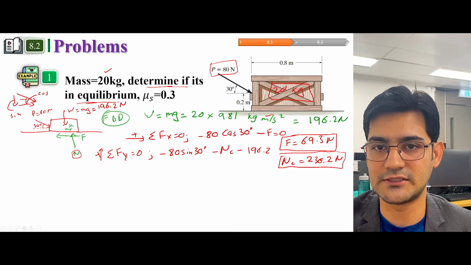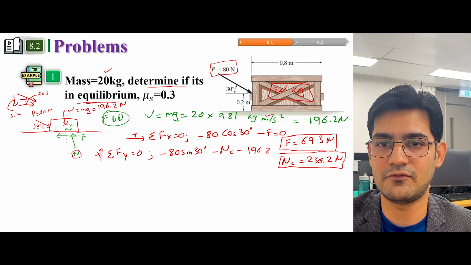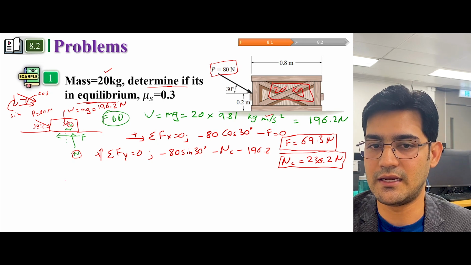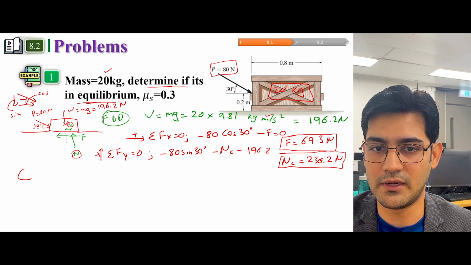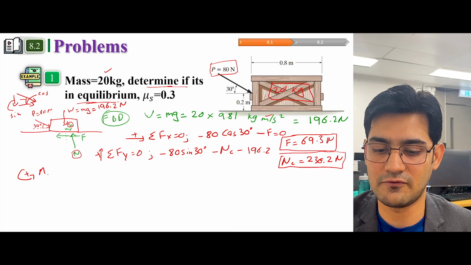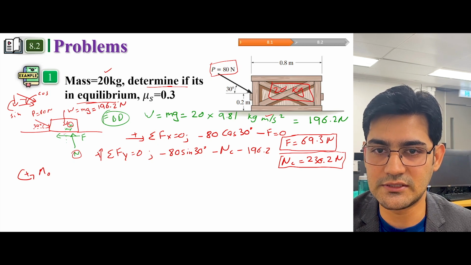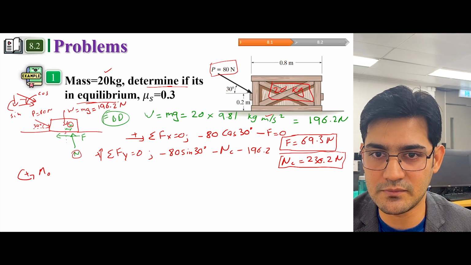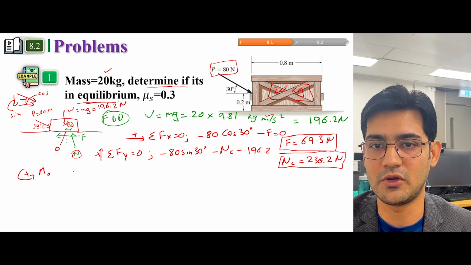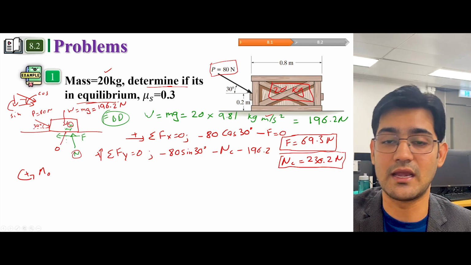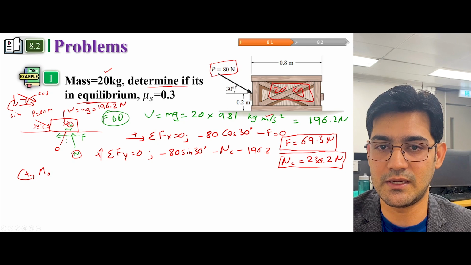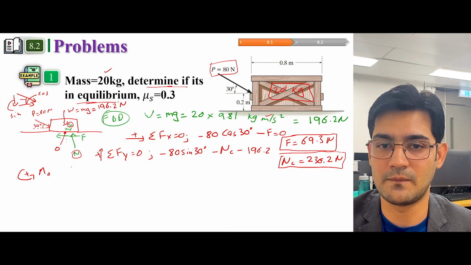Now which force is remaining? Now we have to find this x, and we also have one more equilibrium equation, that is the equation of moment at O. So let's call this point O, because we need some reference from where we are calculating the moments. So this is point O, this one.